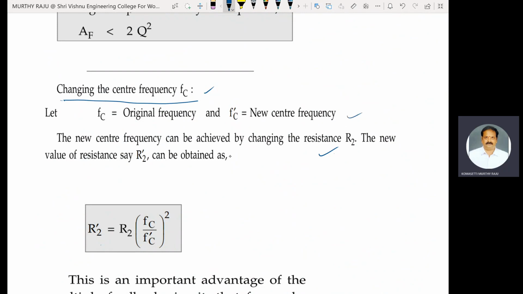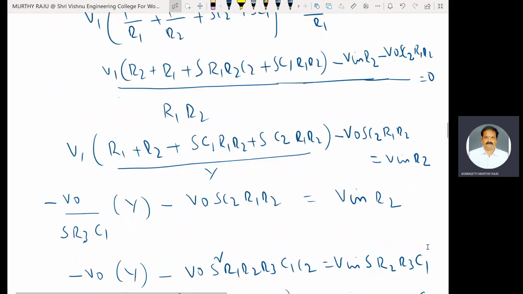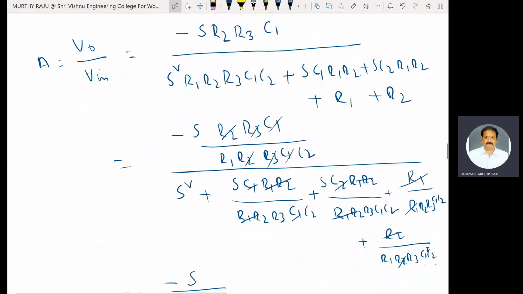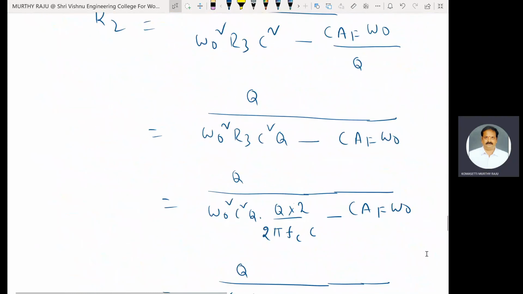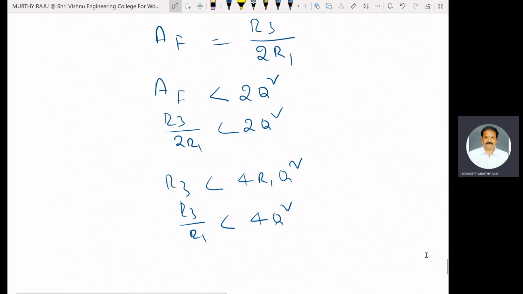The new center frequency can be achieved by changing the resistance R2 only. The new value of resistance R2 dash can be obtained as R2 dash is equal to R2 into Fc by Fc dash whole square. Only changing the resistance value, we will get the new center frequency.